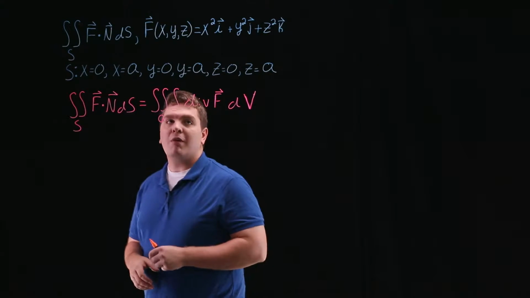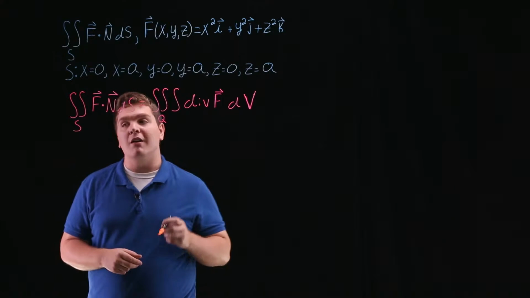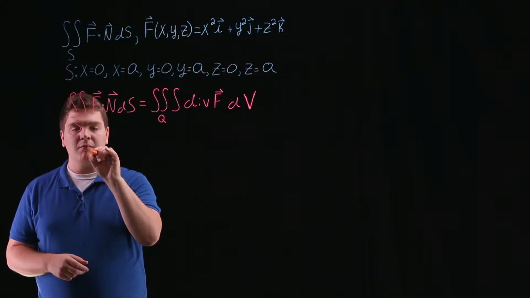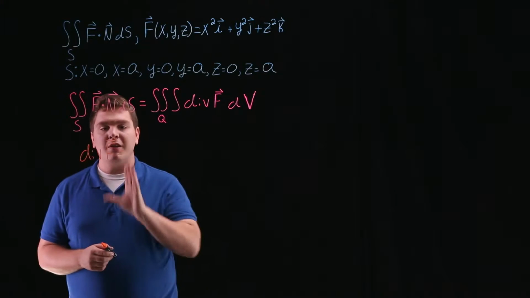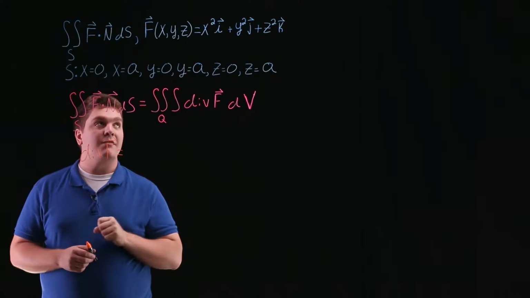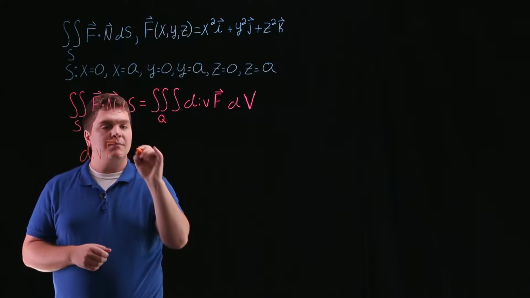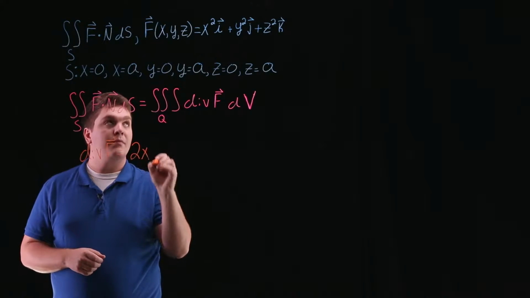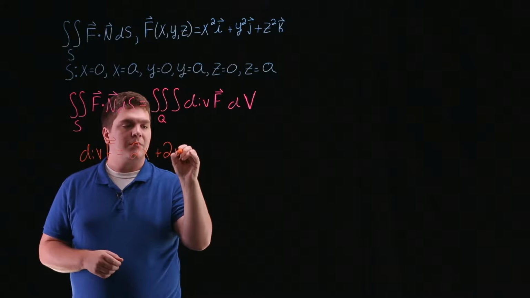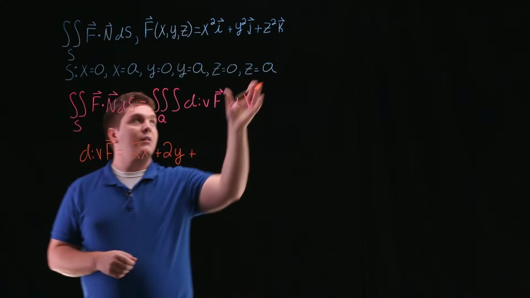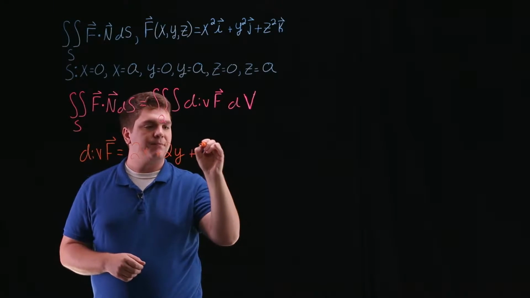Let's get started by first finding the divergence of F. Looking at F, we see the divergence of F is 2x plus 2y plus 2z.